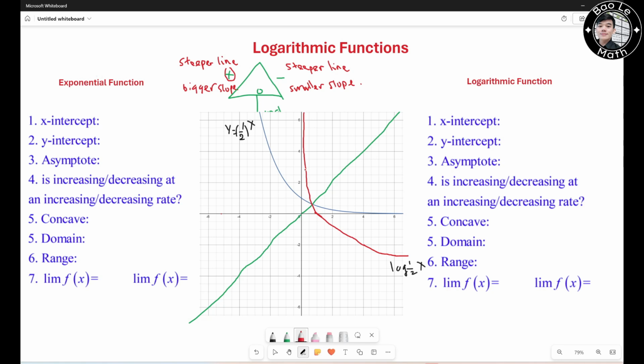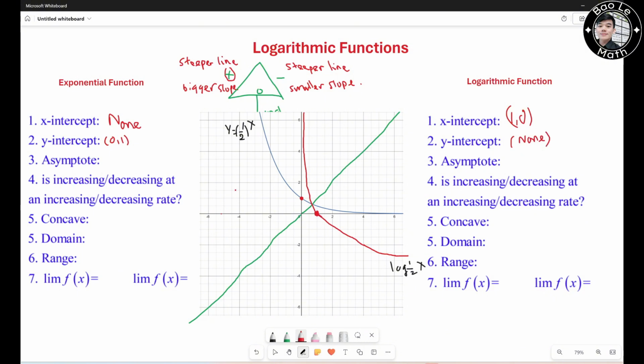Now the exponential function, the x-intercept is none. The x-intercept for the logarithmic function is going to be (1, 0). The y-intercept for the exponential function is going to be (0, 1), and for this guy it's none.